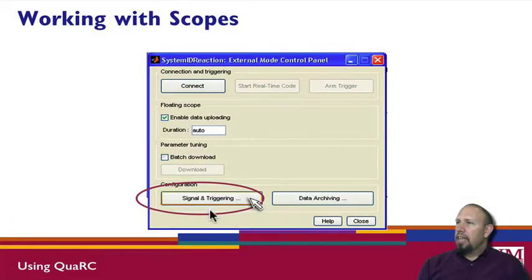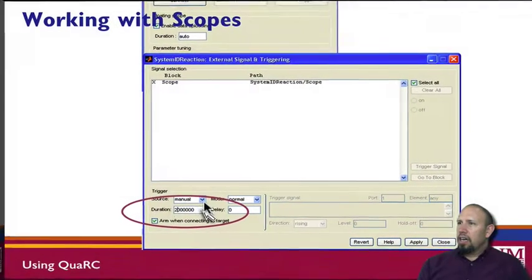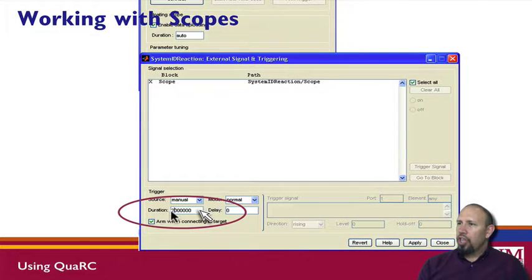Then you would click on signals and triggering, and change the value, duration. Instead of 5,000 values, here I put 200,000. Then you hit close, and that will apply it, and then close the other menu.